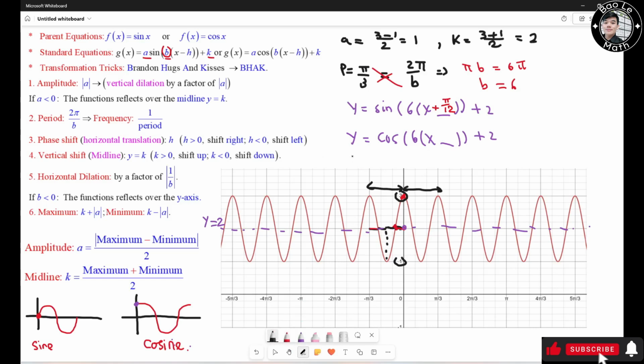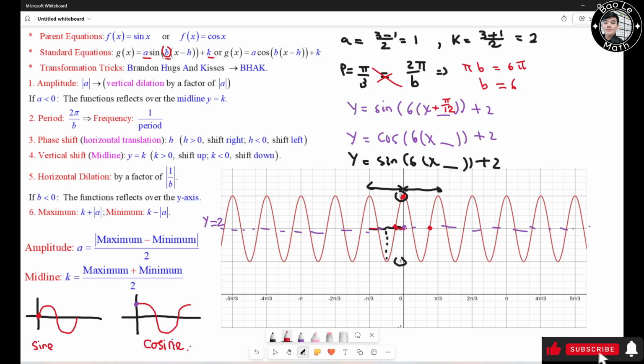Now, what if I write another sine function? So y equals sine of 6 parentheses, blank, close parentheses, plus 2. Now, what if I start from here? Does that mean I shift to the right? I shift this one to the right.